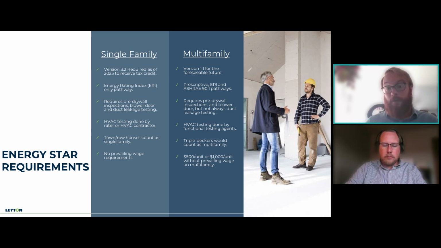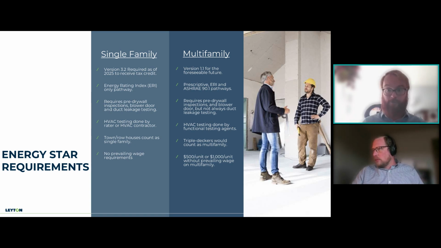The multifamily program is on version 1.1. They are going to change that to version 1.2 for all buildings completed and acquired in 2027. They give you a couple of different options for compliance on the energy modeling side. You can do a prescriptive path, which is just following everything in the multifamily workbook exactly how they lay it out, and you'll get certified.